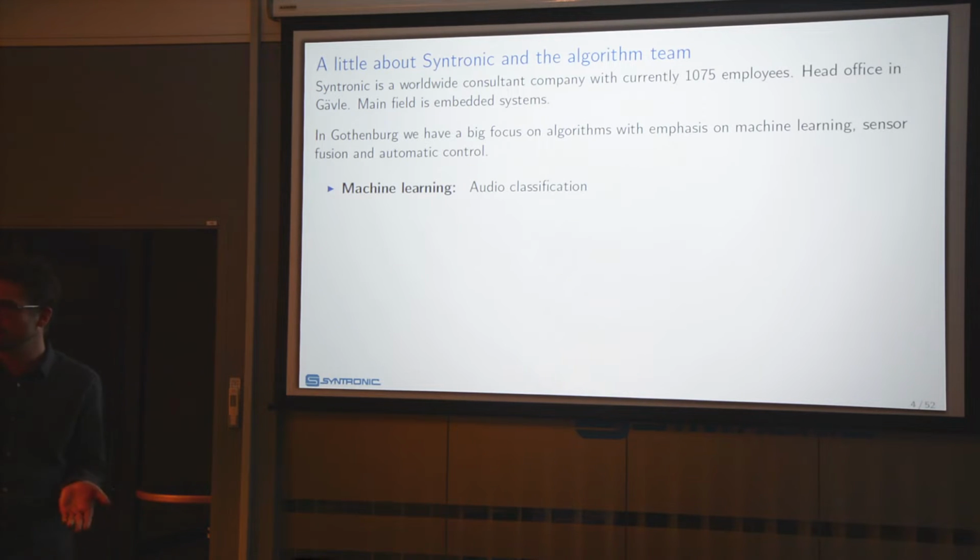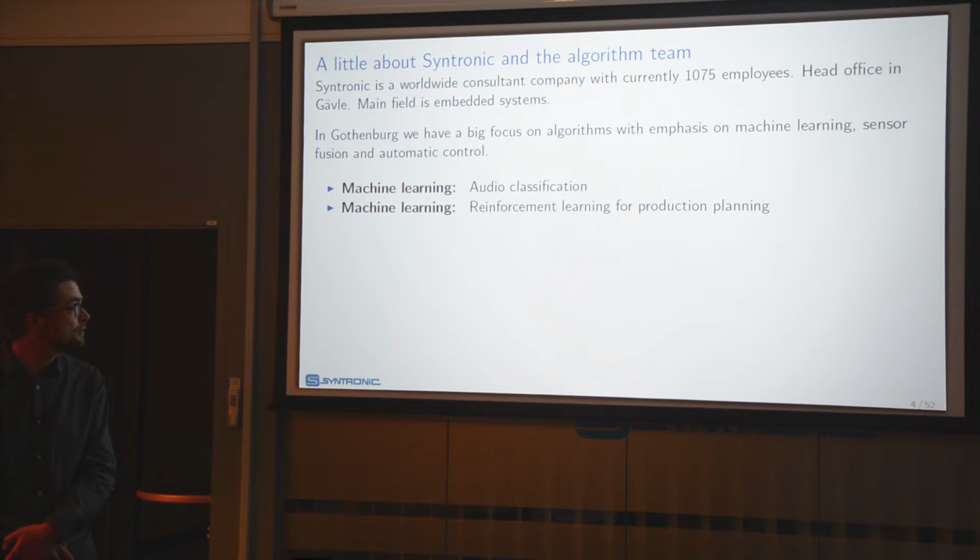So more research-oriented machine learning was done in master theses. In sensor fusion, we have a lot of customer projects, but we did some cool things in machine learning here in-house. One was audio classification. The first one was Swedish dialect classification with different exotic features and classifiers, and another one in real-time speaker recognition.